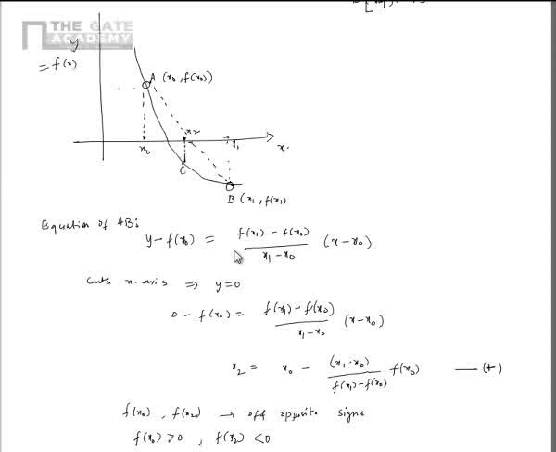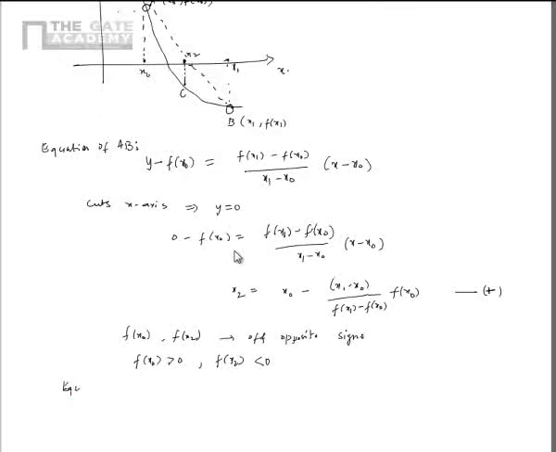Now I repeat the same procedure by writing the equation of AC. I'll just join the line A and C, and again it will meet somewhere here. So I'm just moving closer to my root.